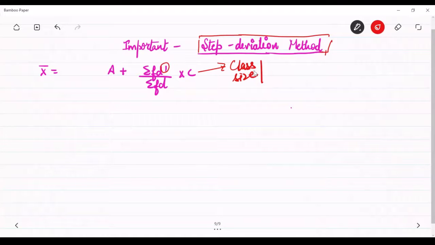In some books it has been given as I in this place, so there is no difference. These are only differences in the formula. Okay, so let us take an example.